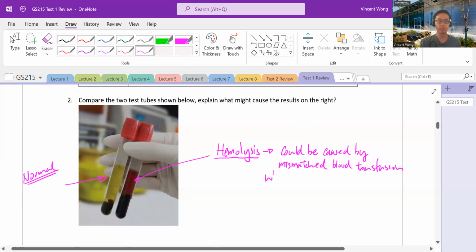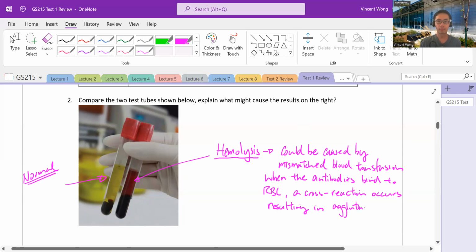Where the antibody binds to RBC, a cross reaction occurs, resulting in agglutination, which is clumping, and hemolysis.